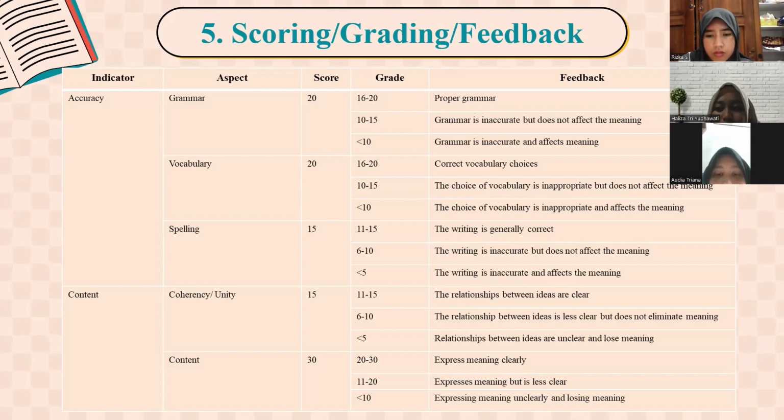And for the content, they are average grade from 20 to 13, and then 11 to 20, and less than 10. So it's great for expressing meaning clearly, expressing meaning but less clear, and expressing meaning unclearly and losing meaning. All right.